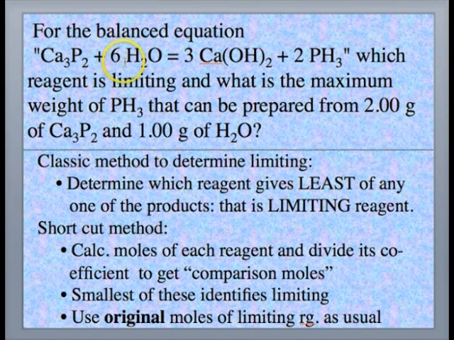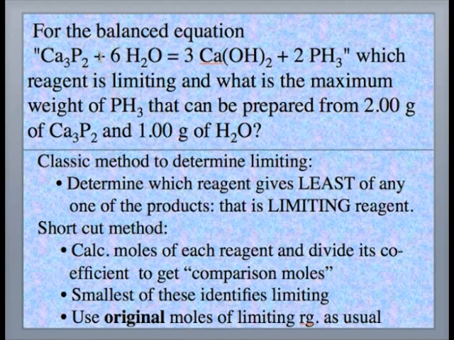You do the same on the basis of the water, calculate how much phosphine is formed, and whichever one of these reagents gives the least of any one of the products, that is your limiting reagent. And that's the one that determines how much product forms. It's also the one that determines how much of the other reagent is consumed. So the limiting reagent is important to know.